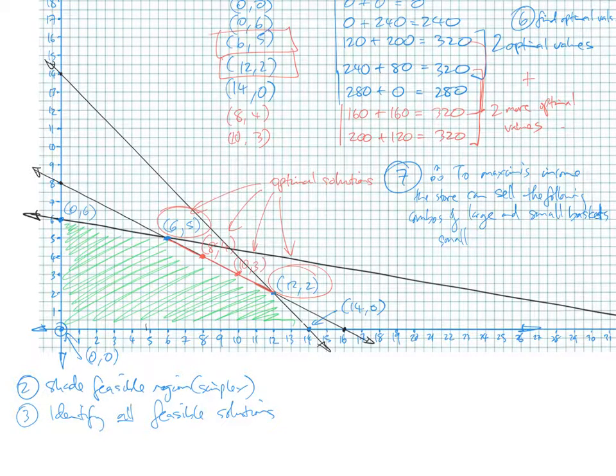Small and large, put them in a nice little table here: 6 and 5, 8 and 4, 10 and 3, and 12 and 2.